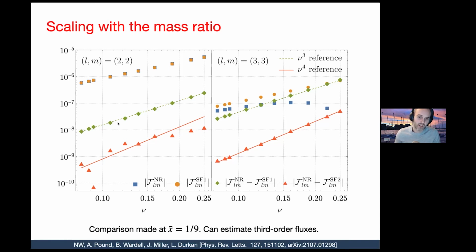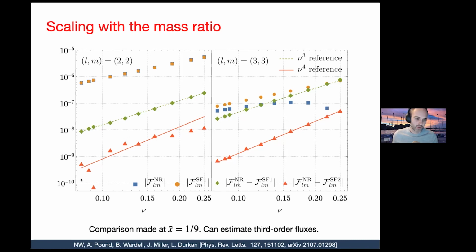That's what we get. And then when we once again subtract off the second order result we've now recently computed, we should get a residual that scales as nu to the fourth. Now this is very clear and seems to be working very well for the 3-3 mode, but it is not so clear for the others. There's quite a lot of noise in the numerical relativity simulations. That means it's not quite clear. There's some evidence that it's working, but it's not perfect for sure.